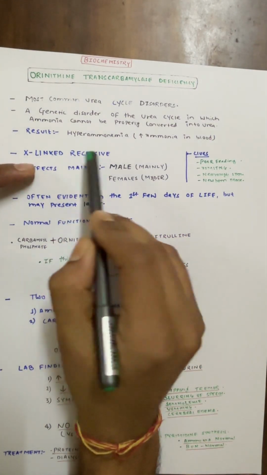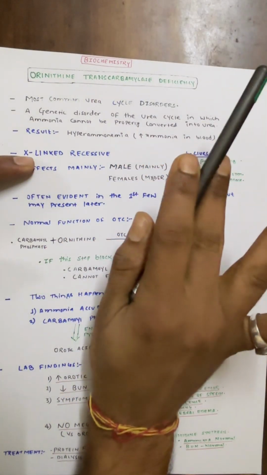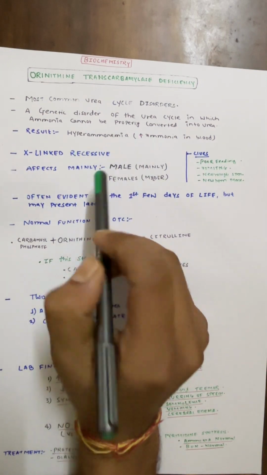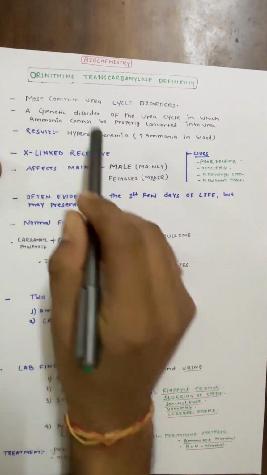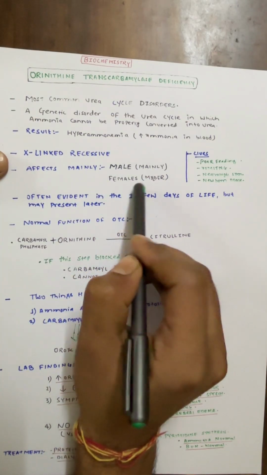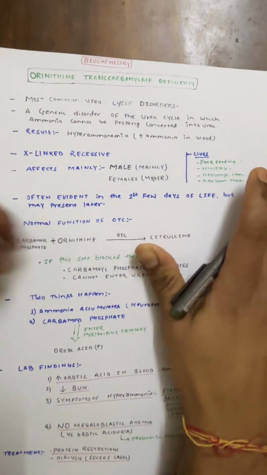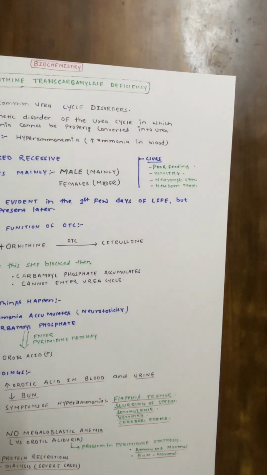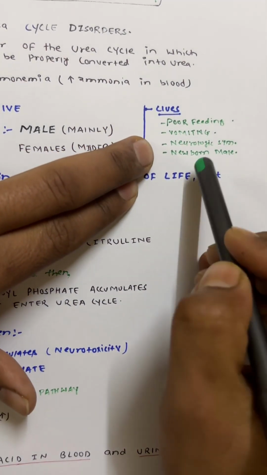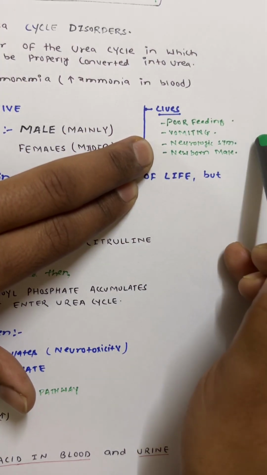Now, it's X-linked recessive. Always remember, this enzyme deficiency is the only one that is X-linked recessive. The others are all autosomal recessive, but this is X-linked recessive. This deficiency mainly, not only, mainly affects males, but sometimes females also get affected, and that will be a milder form. As a clue in the USMLE exams, you can get questions like a newborn male with poor feeding, vomiting, and neurological symptoms.